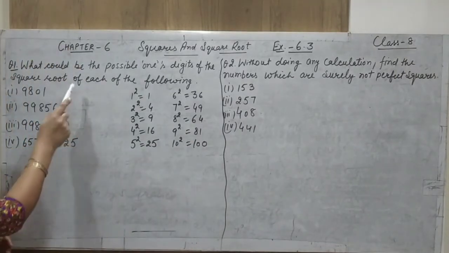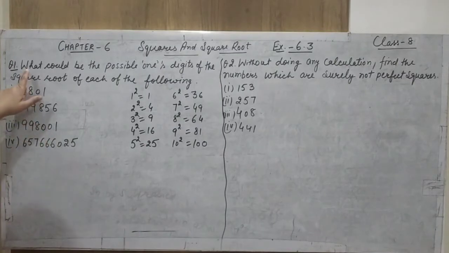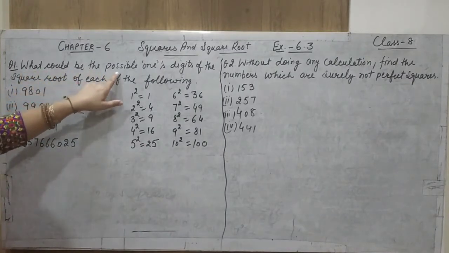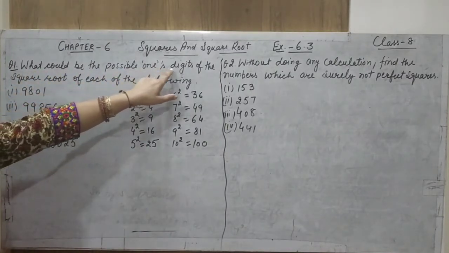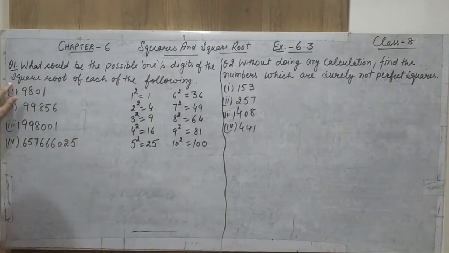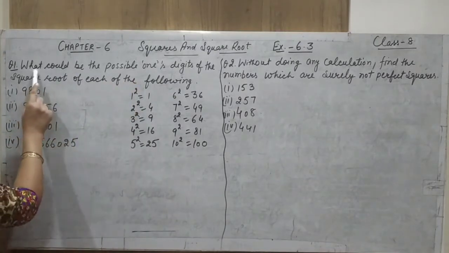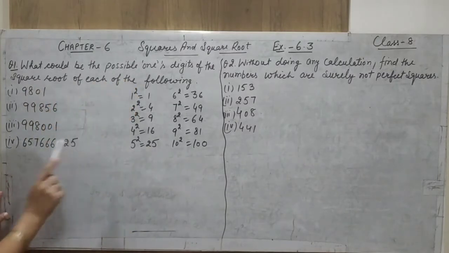The first question of the exercise is, what could be the possible ones digit of the square root of each of the following? First understand the question. What could be the possible ones digit?